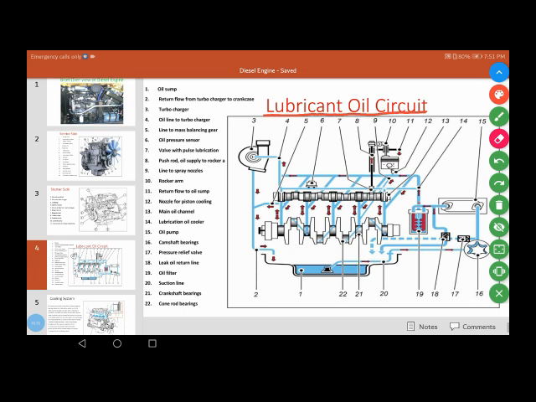This is an oil filter. This one is a return line valve, and this one is very important. This relief valve is also called the pressure regulator.